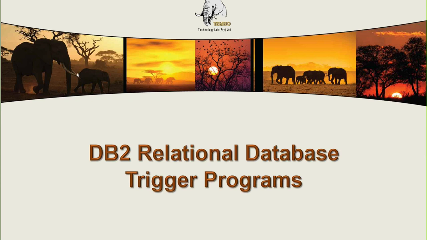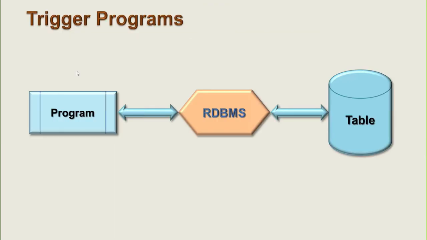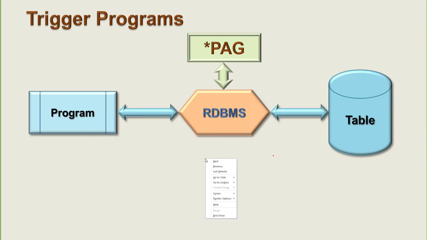Right, let's proceed to look at where they fit into the whole picture. You have a program, which is a program within an application. It's a client program, and then that program requests or asks for service from the RDBMS, the management system, relating to a table. Now, the RDBMS, of course, has access to the job's PAG, where the file definition tables are stored.